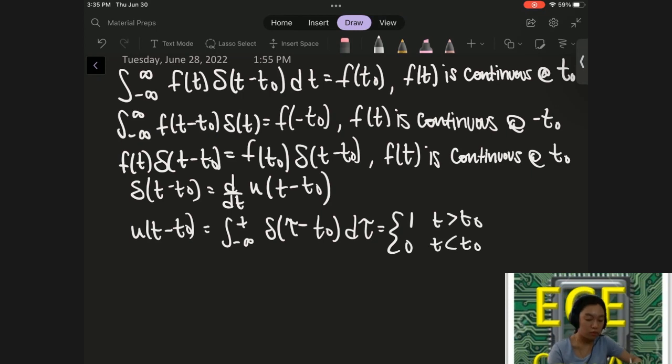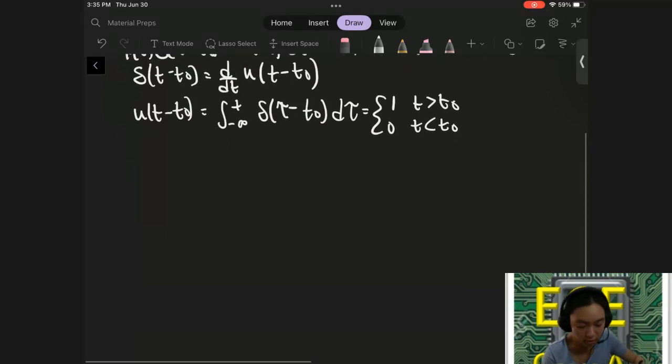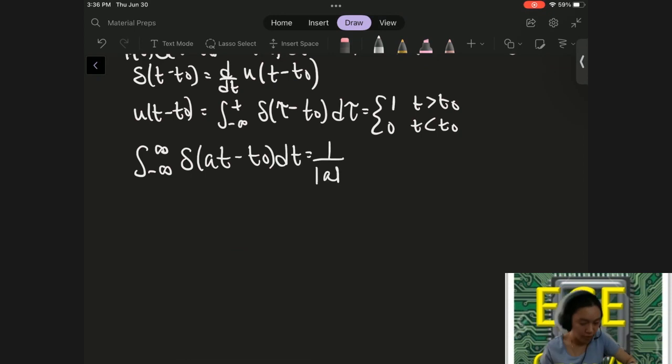Let me scroll up. Okay. The integral from negative infinity to infinity of delta of a t minus t naught dt equals 1 over the absolute value of a times the integral from minus infinity to infinity of delta of t minus t naught all over a dt.